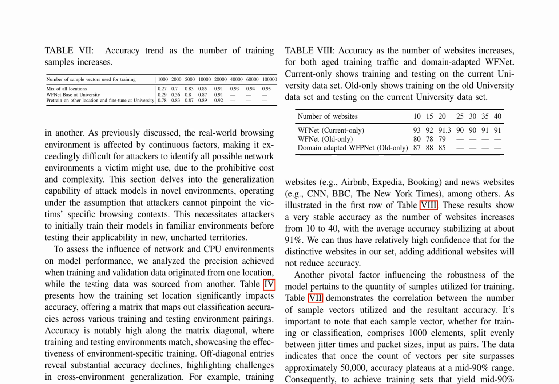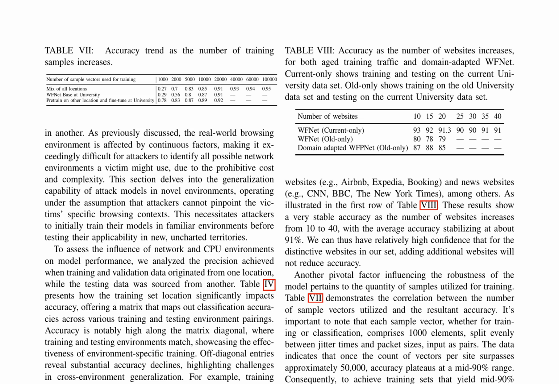The analysis reveals that training and validation data from one location significantly impact accuracy when testing data is sourced from another location. Classification accuracies across various training and testing environment pairings are presented in Table IV, showing high accuracy along the diagonal where training and testing environments match, but substantial accuracy declines off diagonal, highlighting challenges in cross-environment generalization.